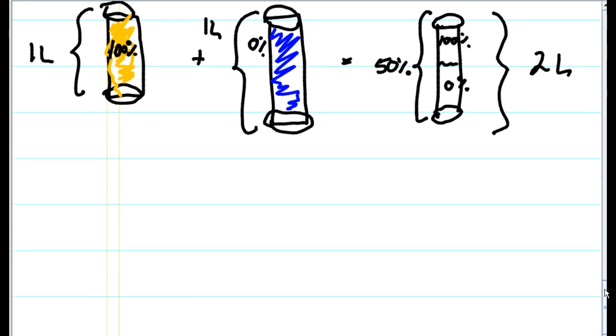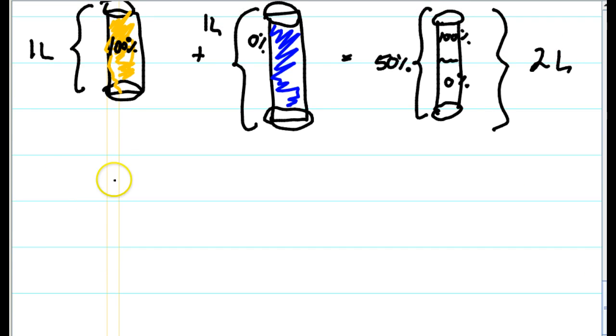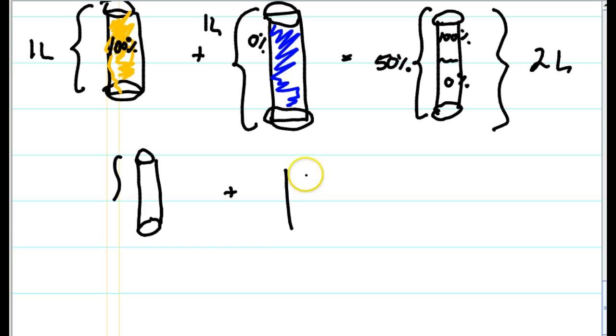Another similar example, and this is for understanding purposes. What if I have 2 that are, let's say, 50% each.